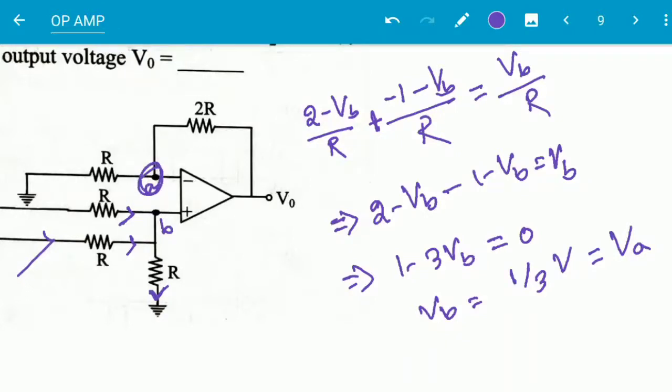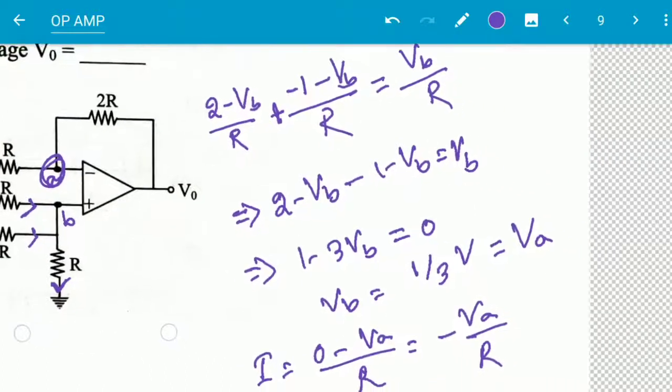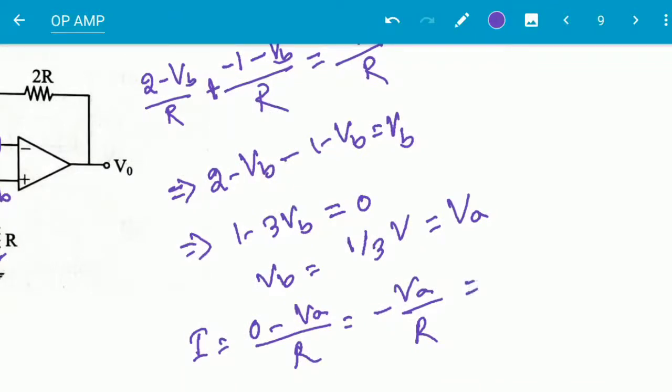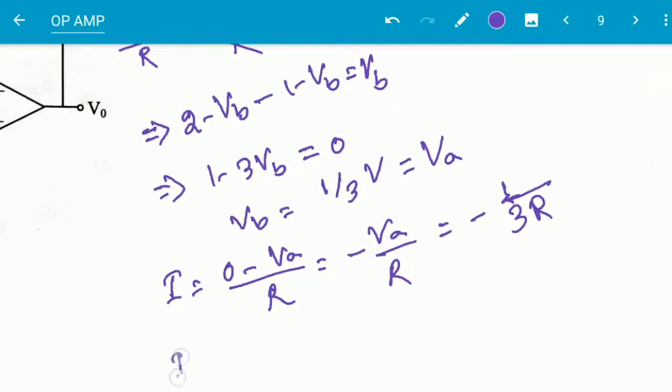So here the current, suppose I, will be 0 minus VA by R, that means minus 1 by 3 into R, VA being 1 by 3. The same current I will flow in the outer circuit.